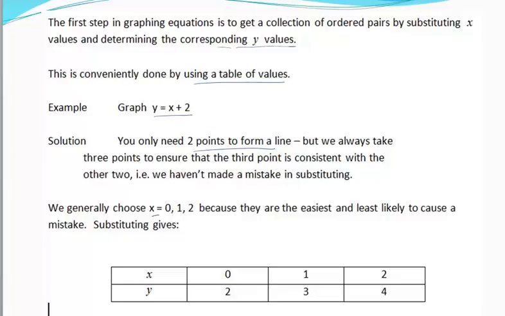We generally choose x is equal to 0, 1 and 2 because they are the easiest to use and least likely to cause a mistake. Substituting in y is equal to x plus 2, 0 plus 2 is 2, 1 plus 2 is 3, 2 plus 2 is 4. So our ordered pairs are (0, 2), (1, 3) and (2, 4).